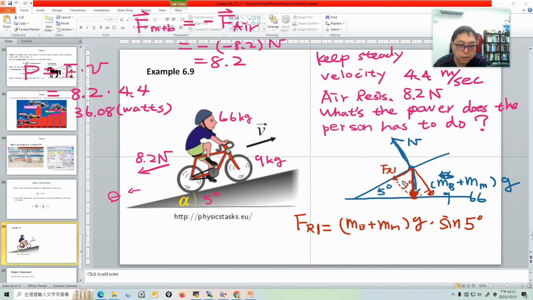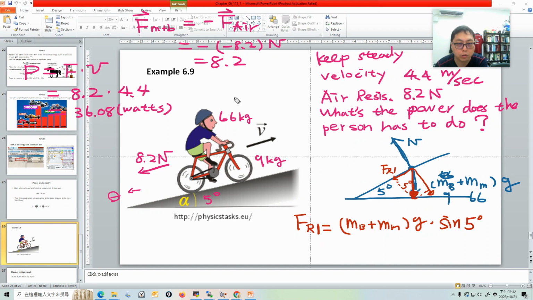So we have to overcome the resistance from your weight. Also, you want to keep the constant velocity of motion, so the power you produce also has to match this resistance force.